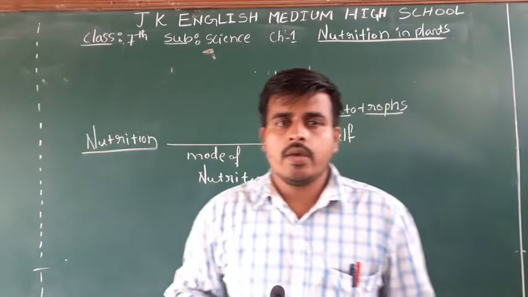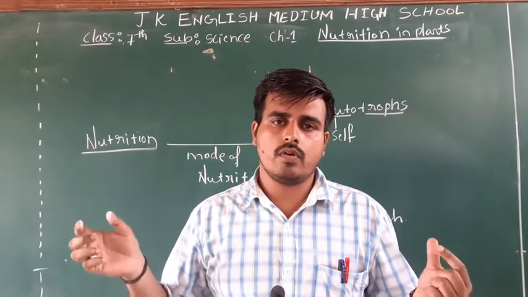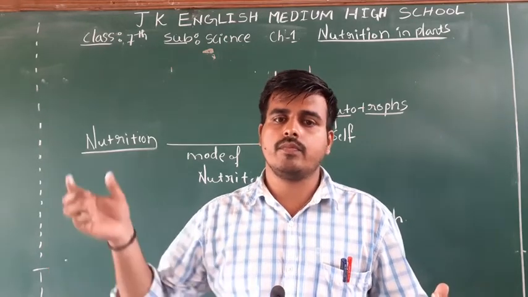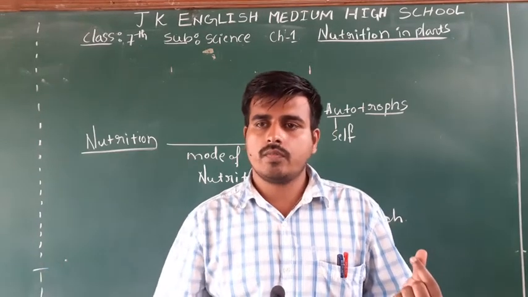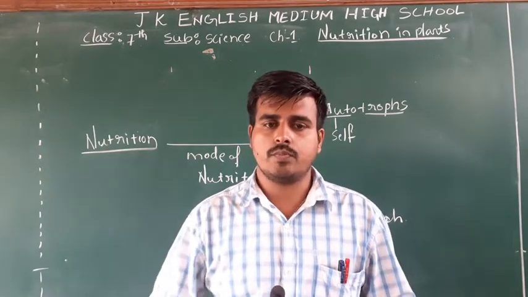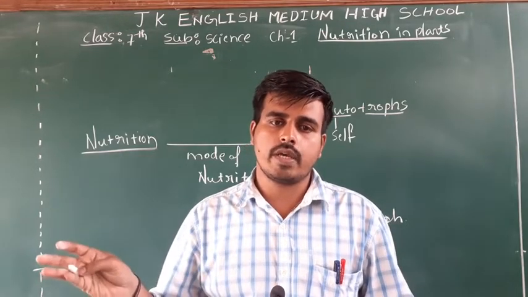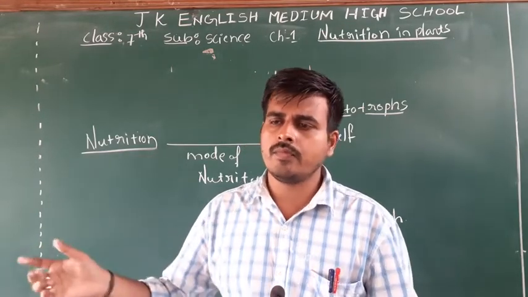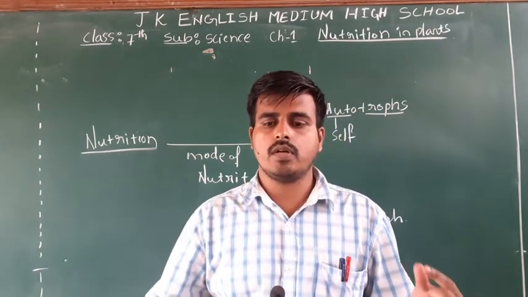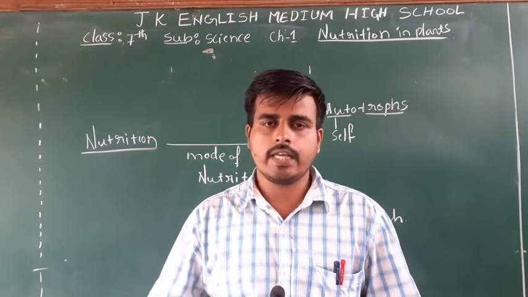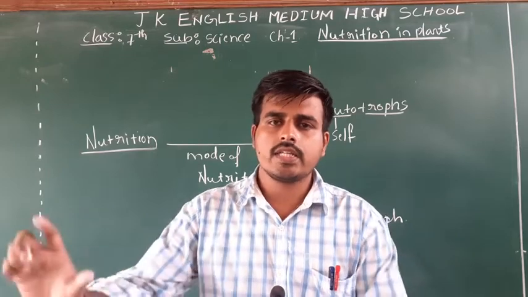Tropho. We usually give trophies to a sportsman when he wins a race, or whenever he participates in any sport. After winning, he gets a trophy. Trophy means to encourage the sportsman or someone, we give something, it may be cash or some gift. So in short, it is to encourage a person.